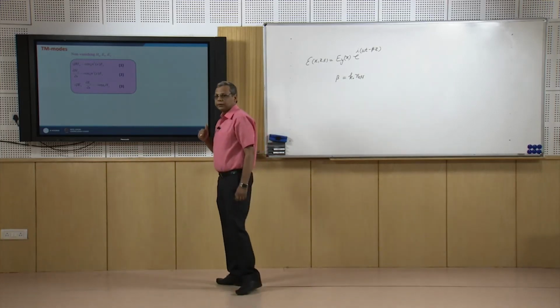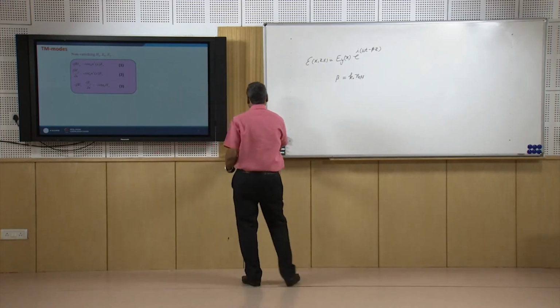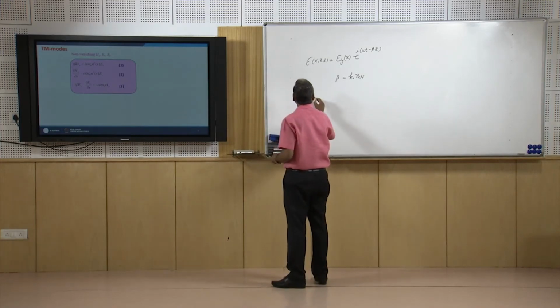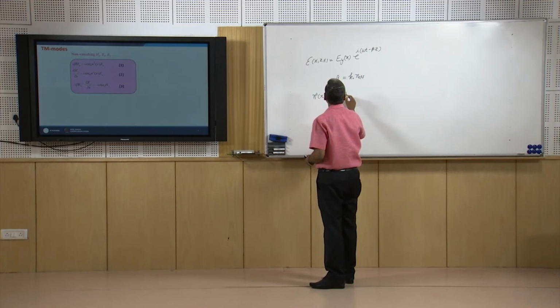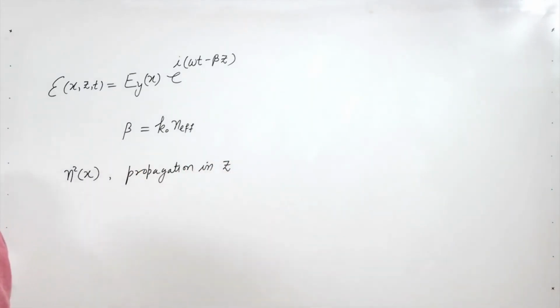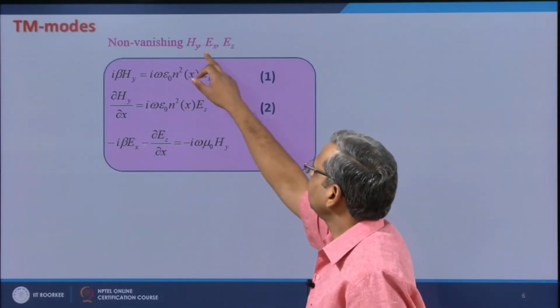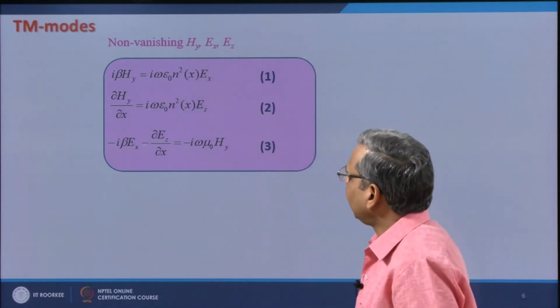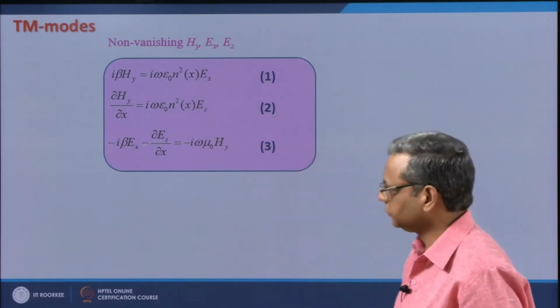If I go back and see, for a waveguide which has confinement in the x direction, that is, refractive index variation in the x direction and propagation in the z direction, then the non-vanishing components of E and H are Hy, Ex and Ez, and these three components are related by these three relations.